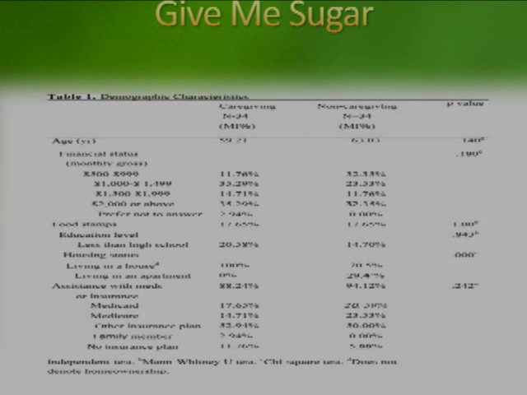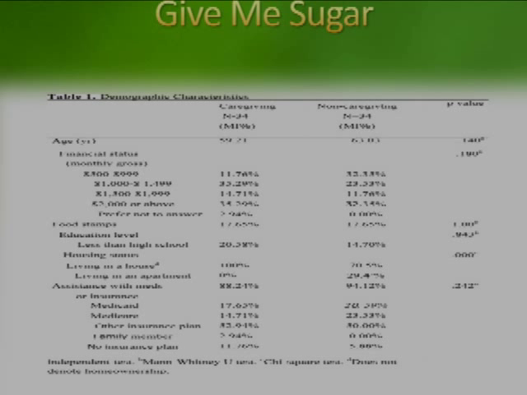Now, I want you to look at Table 1, which is part of the analysis. This is the demographic characteristics, and they did a descriptive analysis, the percentages between caregiving and non-caregiving groups. They did equivalence testing on these groups and found only one statistically significant difference, and that is the 0.000 p-value, if you see in that third column.